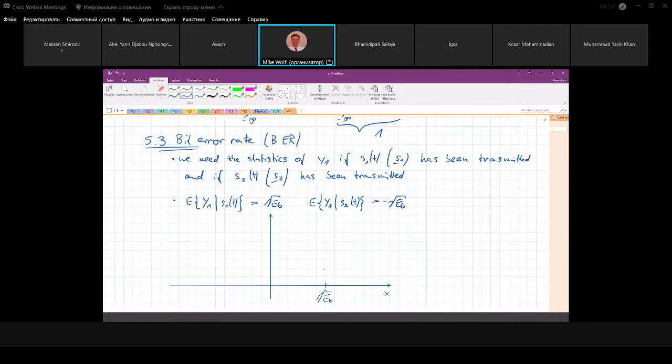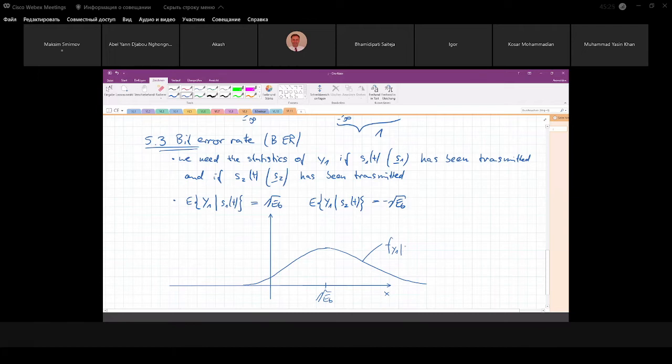But with noise, the noise is Gaussian distributed. We know the variance of this noise, so we can draw a Gaussian distribution, which may look like this. This figure is a conditional probability density function of the random variable y1, which depends on the signal vector.